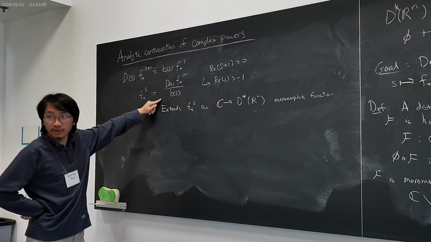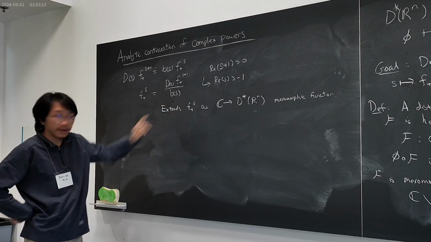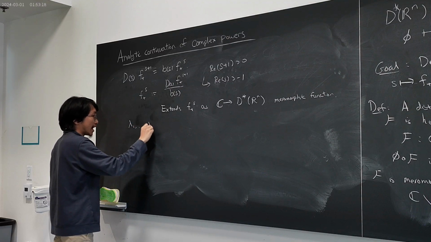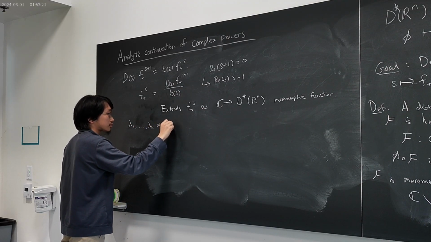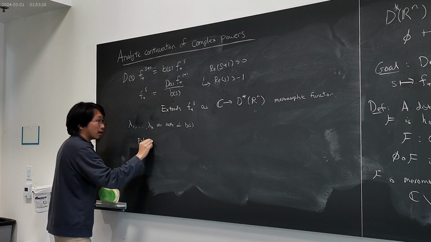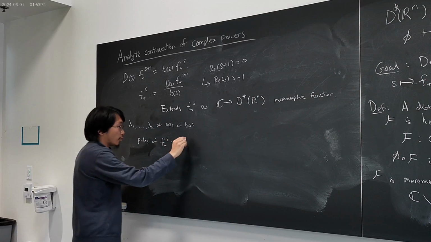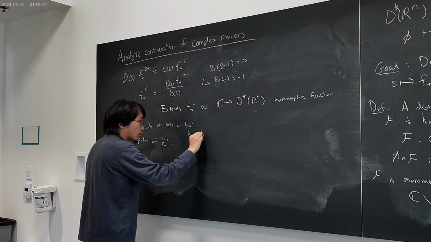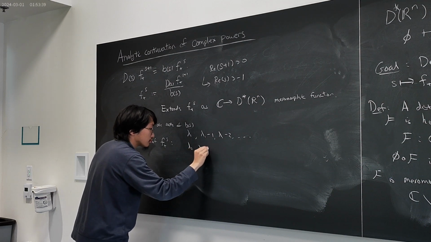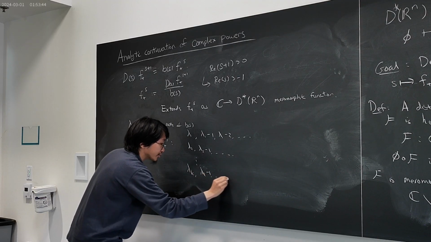The poles that we get when we do this process are, at the first stage, the roots of b(s). So if lambda_1, ..., lambda_k are the roots of b(s), then the poles of f_+^s are going to be lambda_1, lambda_1 minus 1, lambda_1 minus 2, and so on and so forth, up to lambda_k, lambda_k minus 1, and so on.